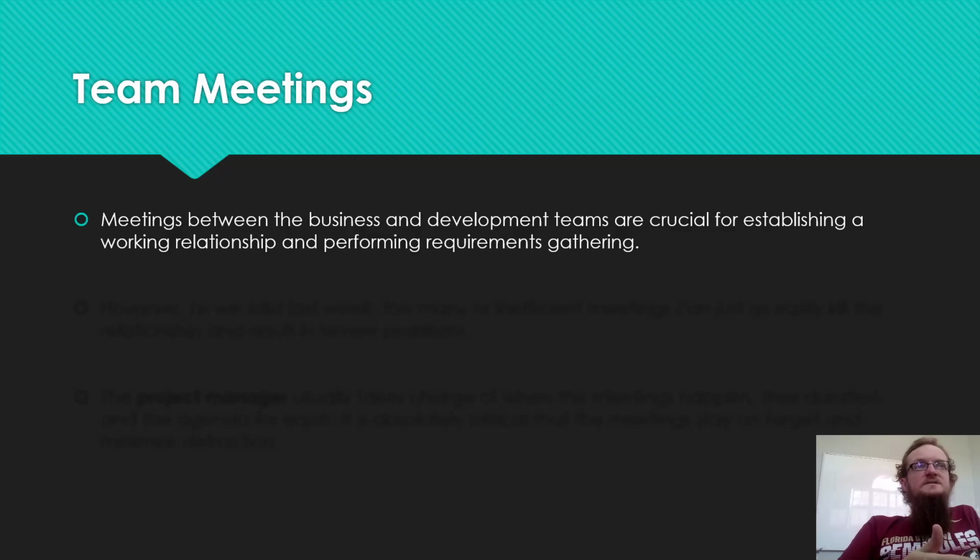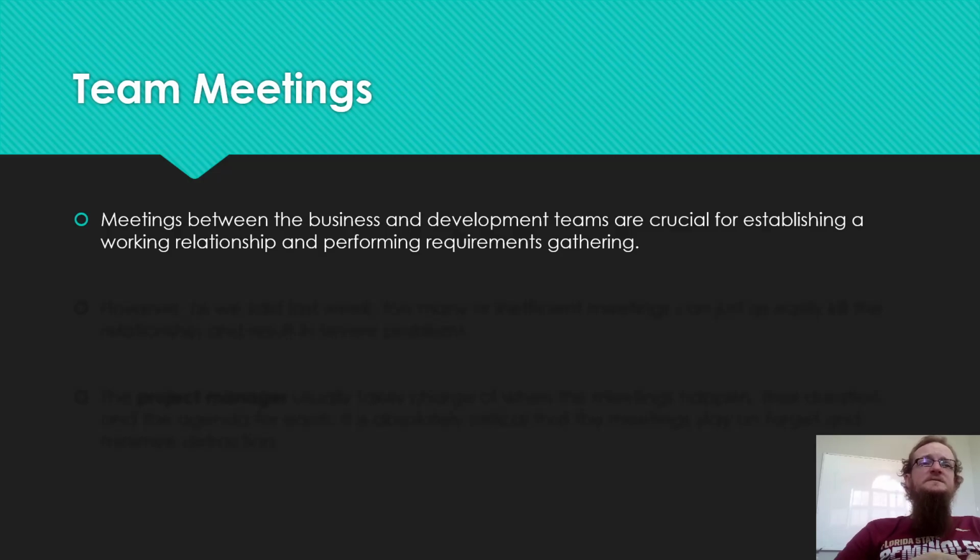But we haven't necessarily talked about the physical way in which you deal with clients. And the most common of those is a team meeting. These very frequently happen multiple times a week during the first parts of a project, and then they taper off to maybe weekly or bi-weekly near the end of a project.